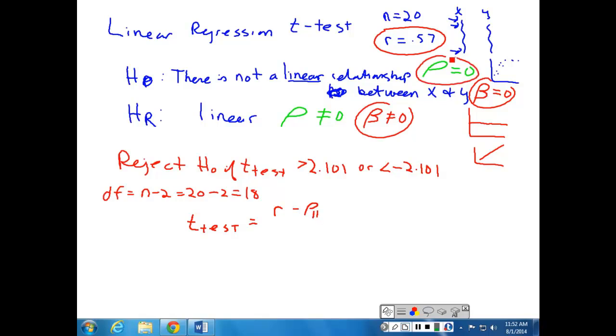So, like so many of the things we've been doing, that's going to be 0 all the time. So the top of this is going to be 0.57 minus 0. The bottom is the square root of 1 minus r squared divided by n minus 2.